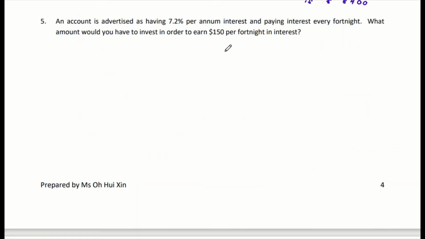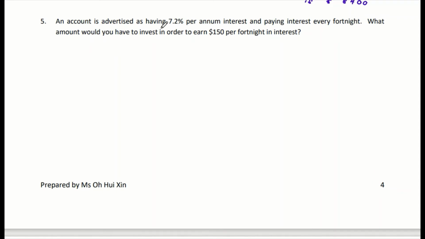All right, 5. An account is advertised as having 7.2% per annum interest and paying interest every fortnight. So what amount would you have to invest in order to earn $150 per fortnight in the interest? All right, so same thing, we can try to write down our information here.